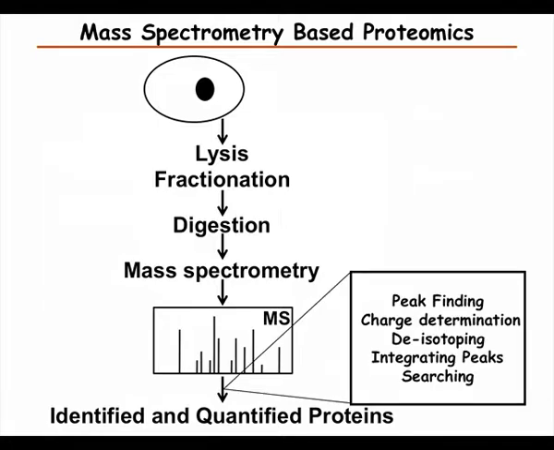There we have to find the peaks, determine the charge and the isotope, integrate peaks, and then do the database searching or other analysis. This is something we're going to go through step by step, how these are all done.